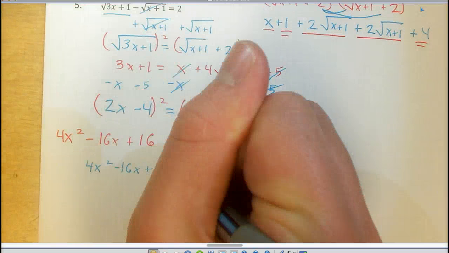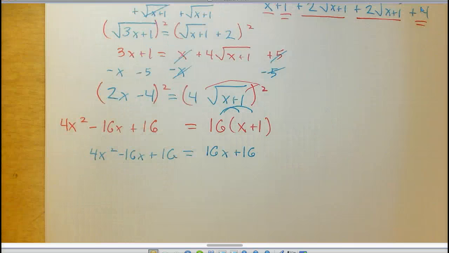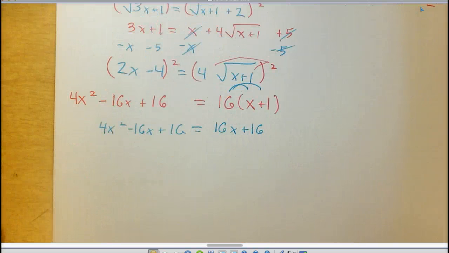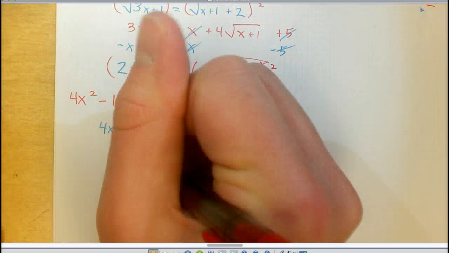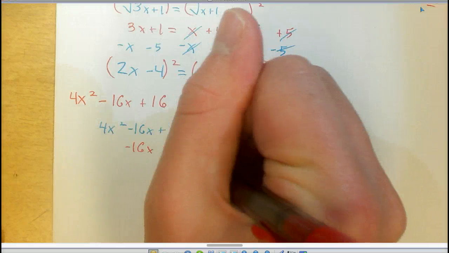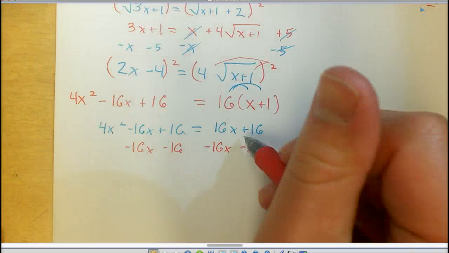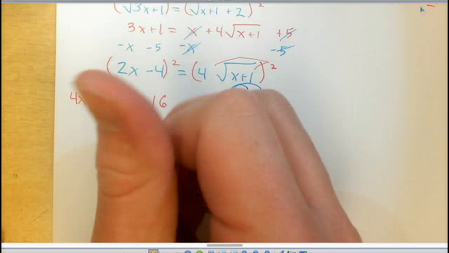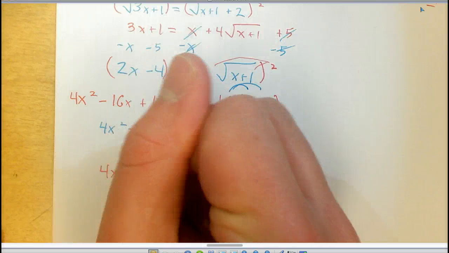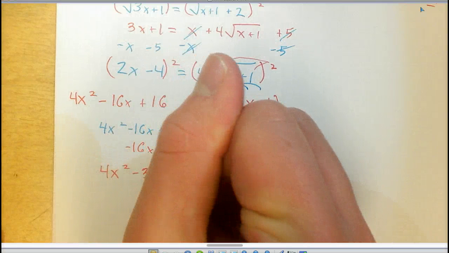And so now you can see again we have a quadratic, and we want to set that equal to 0. So I'm going to subtract 16x and 16 from both sides. Okay, the 16s cancel, 16 and negative 16, but the 16x's are both negative, so that combines to negative 32x. So I end up getting 4x squared minus 32x equals 0.